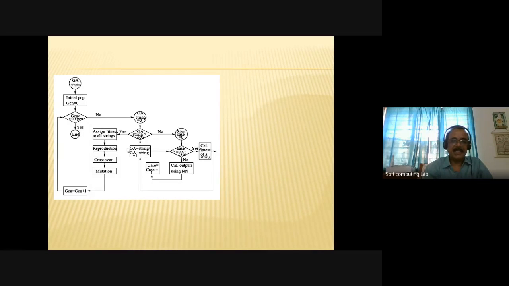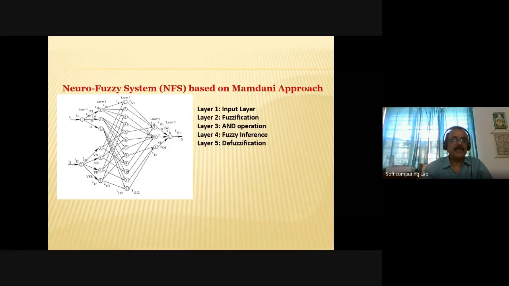Now, whatever I discussed, the same thing I have discussed with the help of this flowchart, like the genetic neural system. So I am not going to spend much time on this. Then comes the neuro-fuzzy system. As I told, the neuro-fuzzy system is basically a fuzzy reasoning tool, and it is expressed using the structure of a neural network.